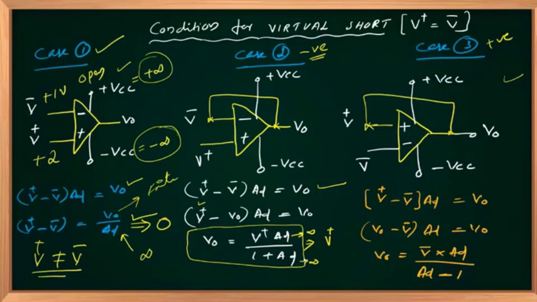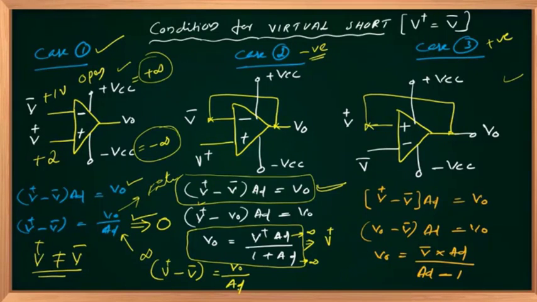So V out equal to V plus. Or the other way, if you are writing your output from equation number 1, V plus minus V minus from the first equation here equals V out upon AD, similar to this.